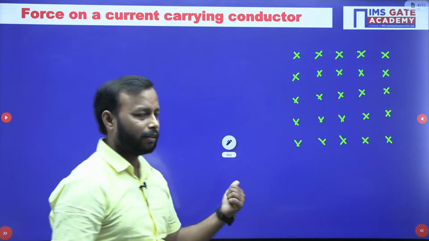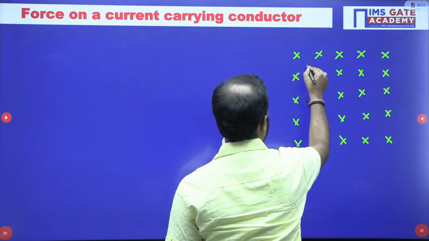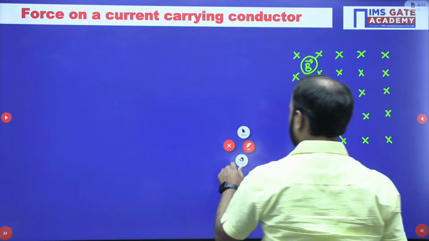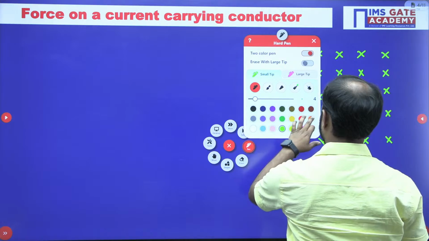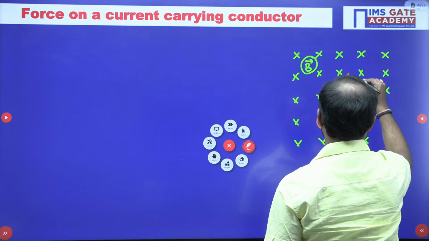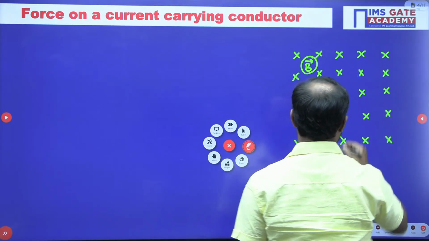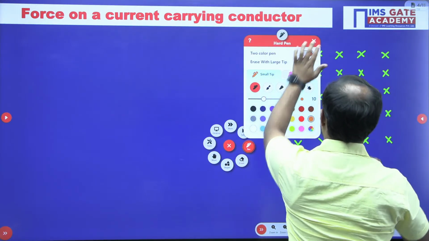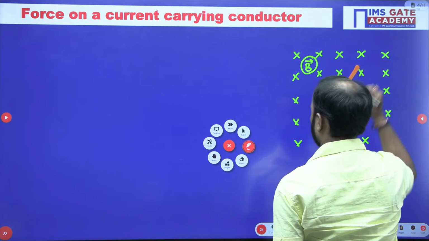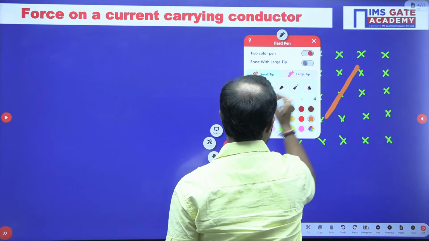It is inside of the board. So this is the magnetic field B. Now let us place a conductor in the magnetic field.